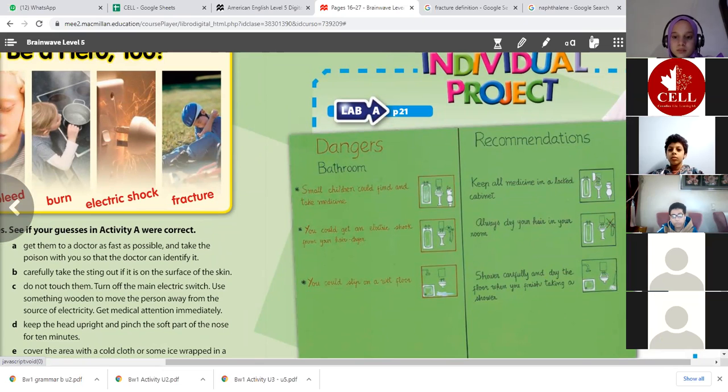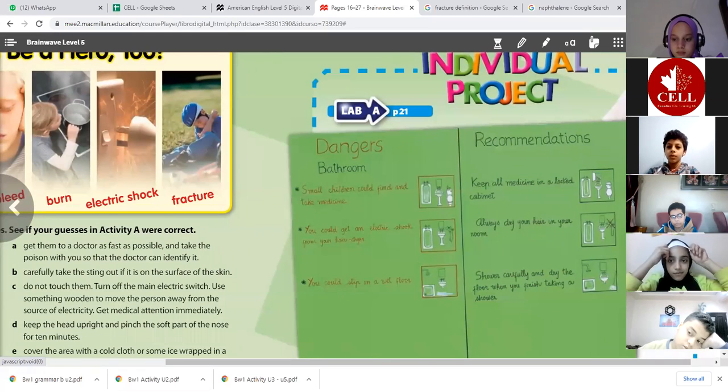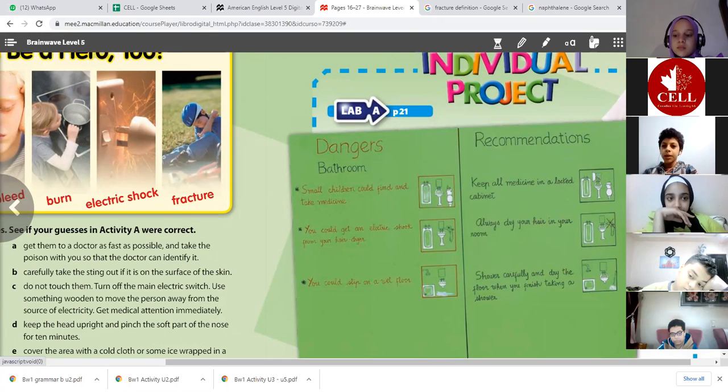Recommendations. I will choose Salah. Can Salah read these sentences? Okay. Keep all medicine in a locked cabinet.